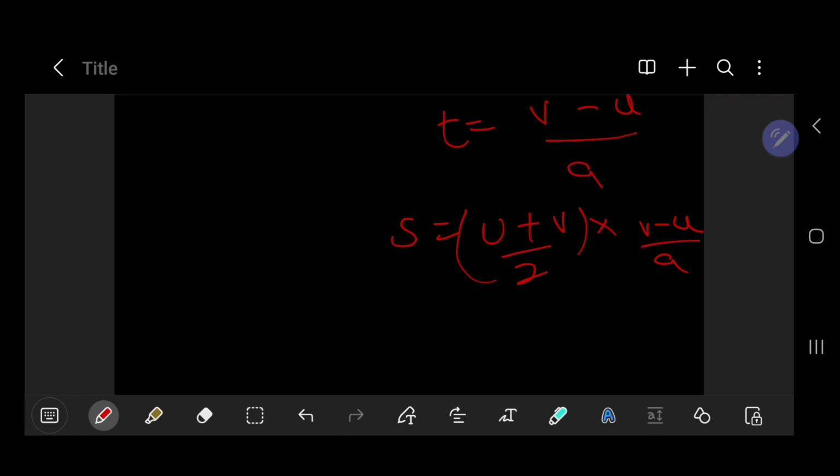After solving it out, you can solve that by yourself, the answer you'll get is v² = u² + 2as.